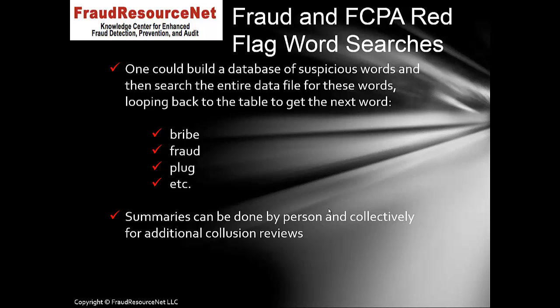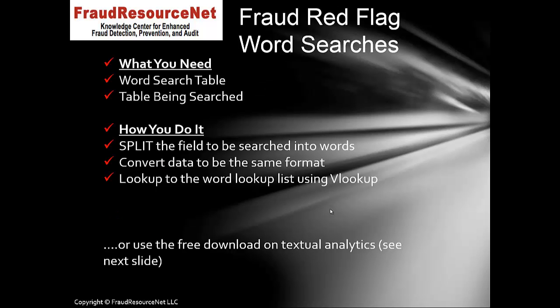So you have the word fraud showing up even though you think it would never show up. And there are various others. Summaries can obviously be done by person and others, and we're going to show you lots of cool examples there. Now, there's a hard way of doing it and an easy way of doing it.